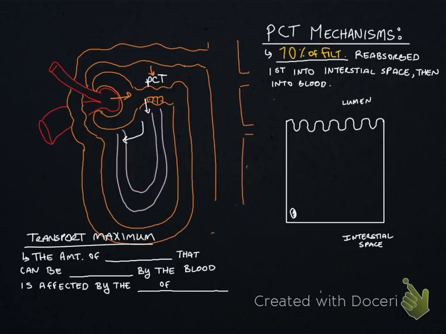Okay, so let's look at a snapshot here of a proximal convoluted tubule cell. So you see here how we have some microvilli that aims to increase surface area for reabsorption. So if this is the lumen, we have filtrate out here. Okay, we're going to need transporters to move things from the filtrate into the blood.